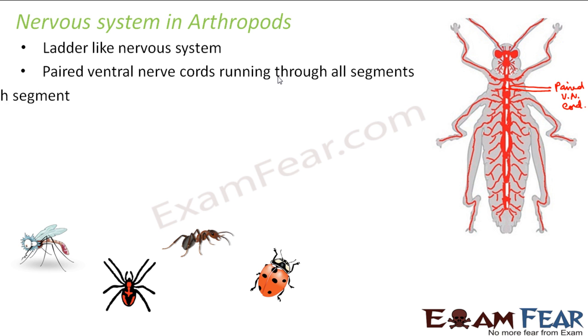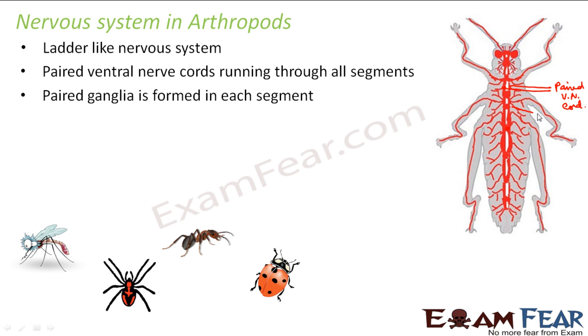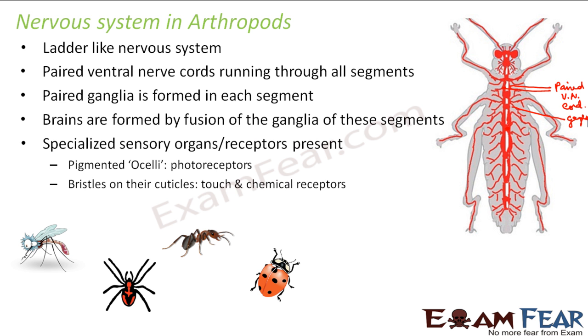So it runs through all the segments of the body. Paired ganglia is formed in each segment. So if you see, at each segment they have the segmental ganglia. So these dots where they join represent the segmental ganglia, that is ganglia at each segment.